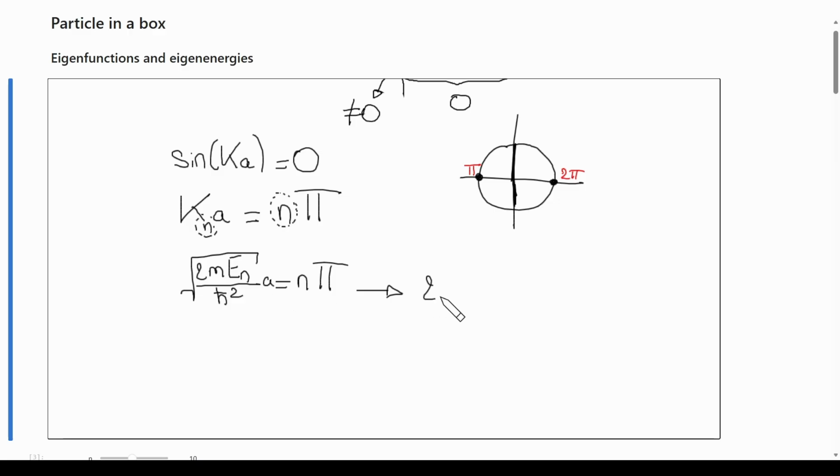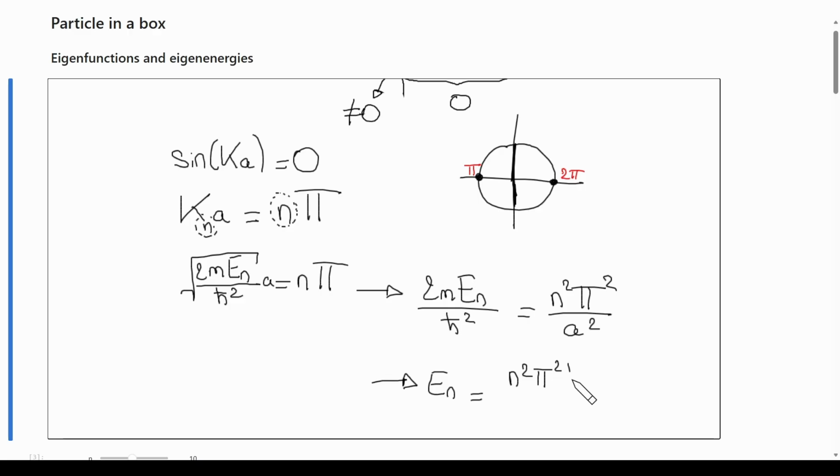So we have 2m En over h bar squared is equal to n squared pi squared over a squared. Therefore, En is equal to n squared pi squared h bar squared over 2m a squared.